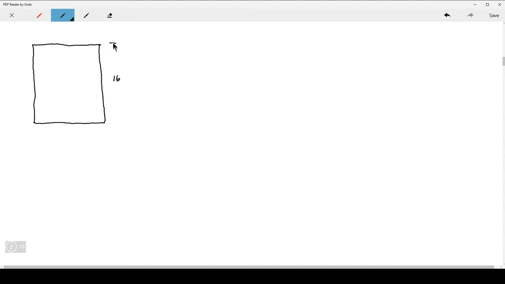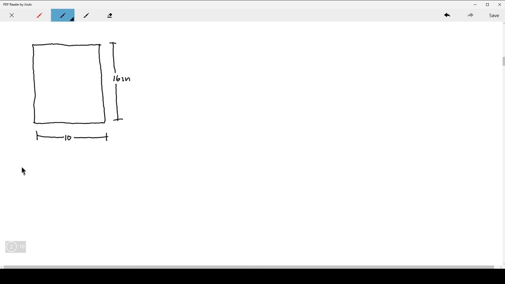Right, that goes from there to there. And this is in inches. And 10 is down here. All right, so there's my 10 by 16 cardboard.